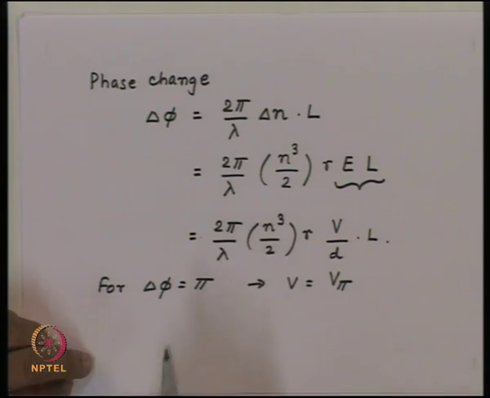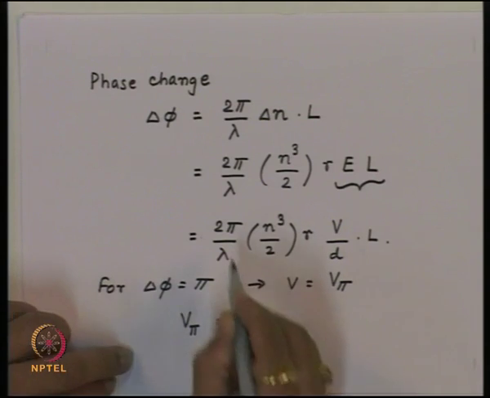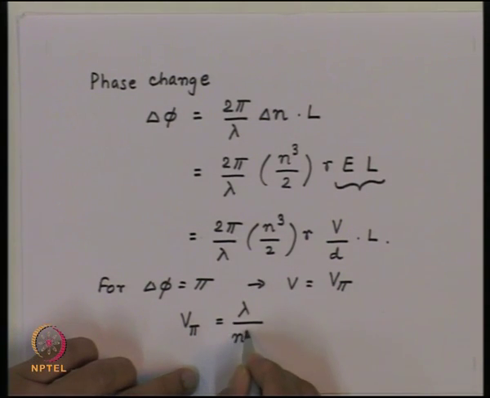We can substitute into this and we get the V pi voltage, which is equal to lambda upon n cubed r, times D upon L.